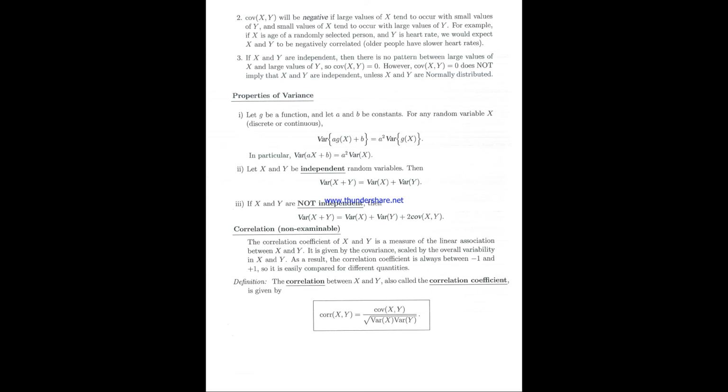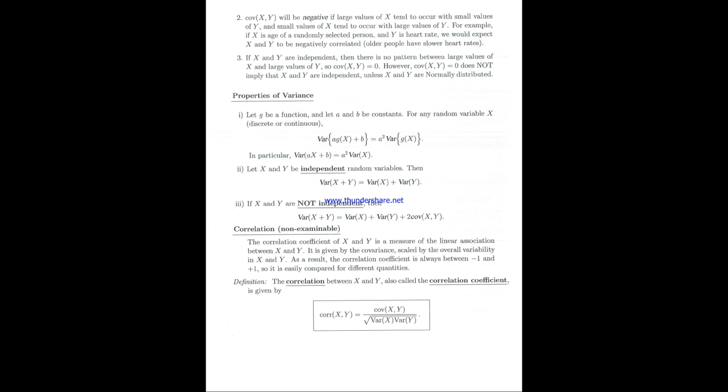But if the covariance of x and y is equal to 0, you cannot say they are independent, because there is another constraint, they should be normally distributed as well. But if they are independent, you can directly use the result that the covariance of x and y is equal to 0.